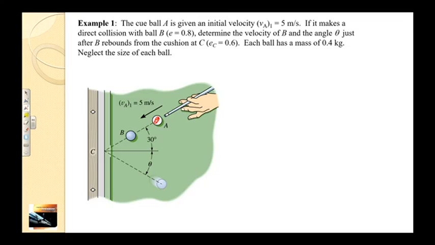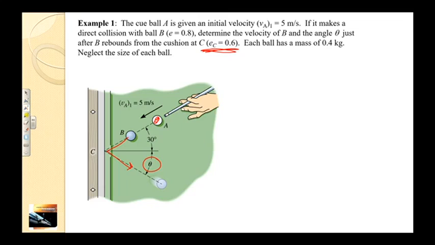We're trying to figure out the velocity of B and the angle theta after B rebounds from the cushion. So B is going to hit this cushion and then bounce off. We're trying to figure out theta and our velocity. And we've got a different coefficient of restitution. e for the cushion is a little softer, 0.6, a little more energy absorbing.